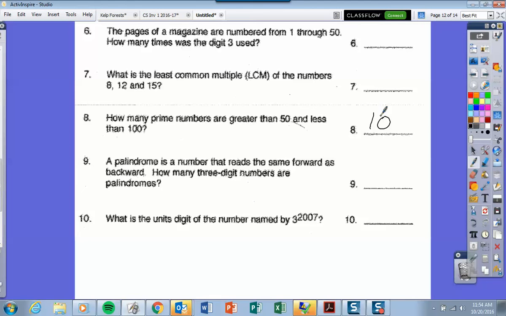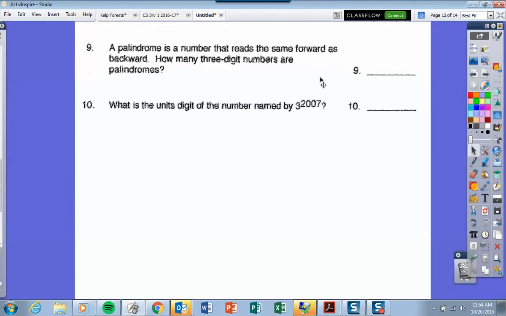For number 9, a palindrome is a number that reads the same forward as backward. How many 3-digit numbers are palindromes? Well, I know that I need my first and my last numbers to be the same.